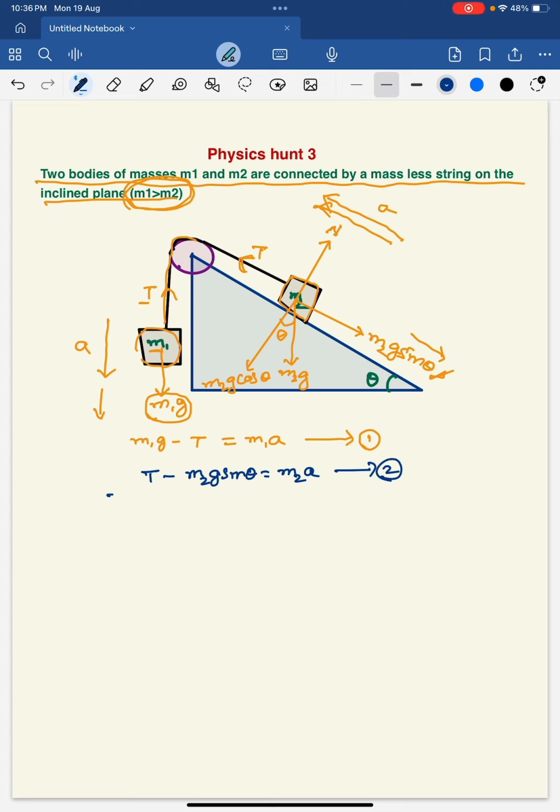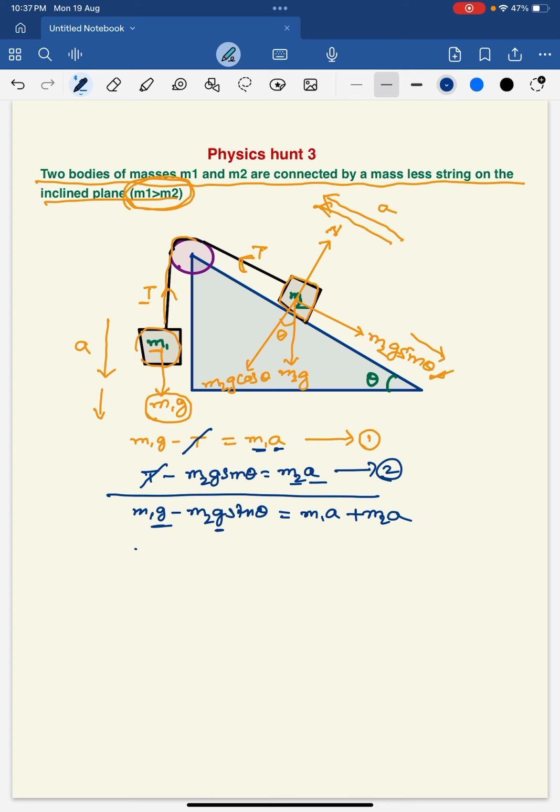Now add 1 and 2. If we add, this minus T and plus T cancel, and the rest of the equation is m1g minus m2g sin theta is equal to m1a plus m2a. So this expression we can write as, look at the left side, g is the common term, right?